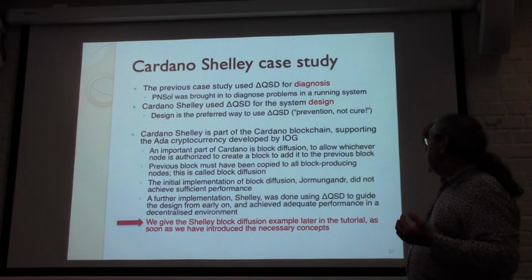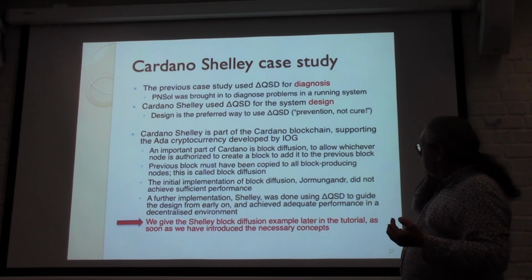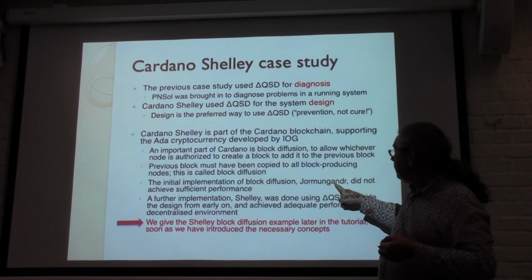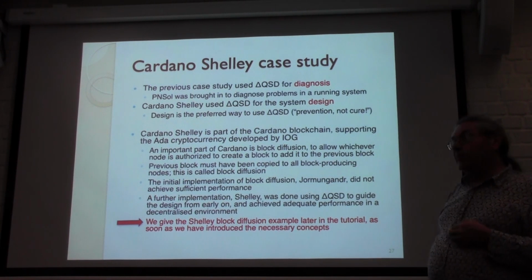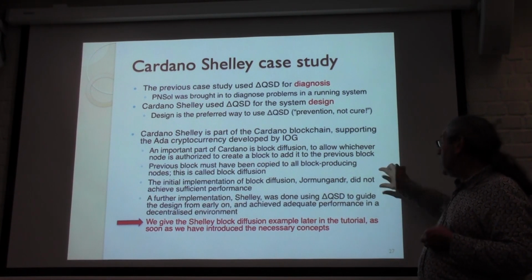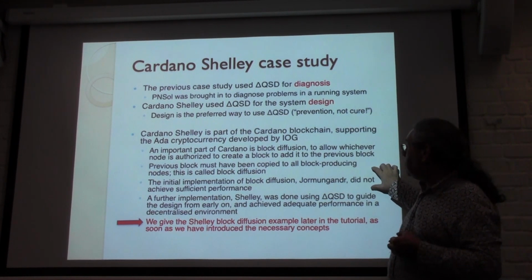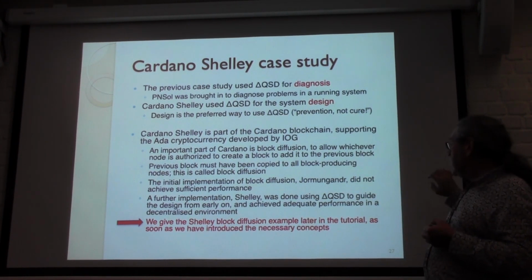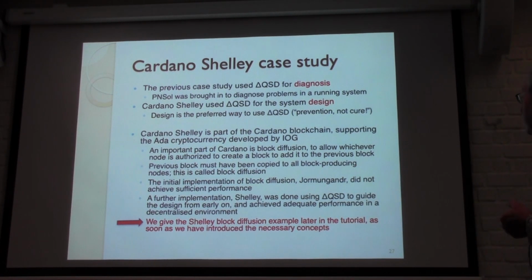The Cardano people had an initial implementation which has this funny Nordic name, Jormungandr, and it didn't really work that well. The performance was not enough. This was before Pinsal was involved, so they were worried that it was not doing well enough.